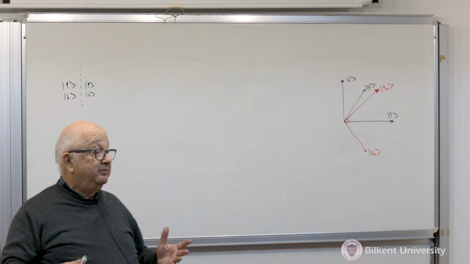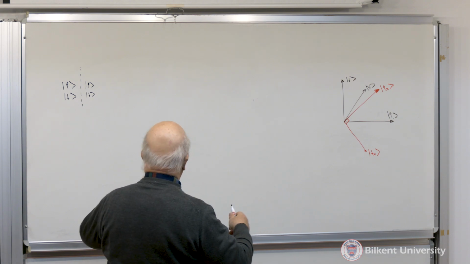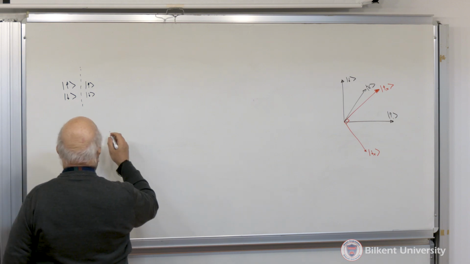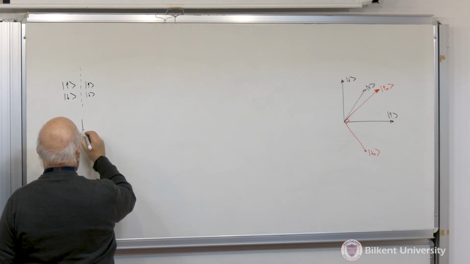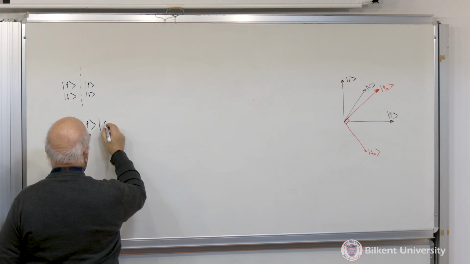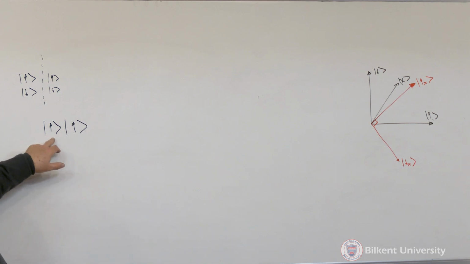4, right? In order to specify fully the behavior of this, if I want to describe them independently, I can do something like this. So this will be our notation. What does this mean? This means a spin state where both particles are in states.